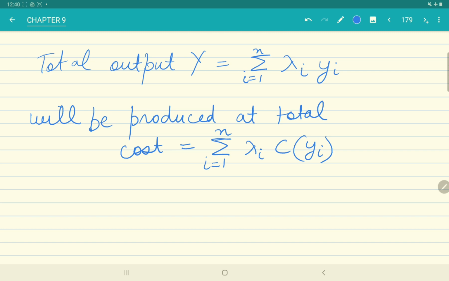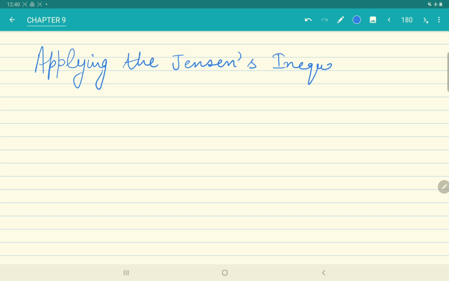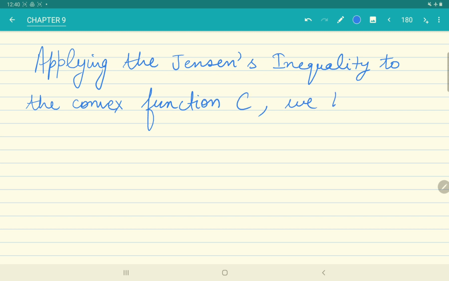I know that the c function is convex. So now what I do is I apply the Jensen's inequality to the convex function c, we have this.